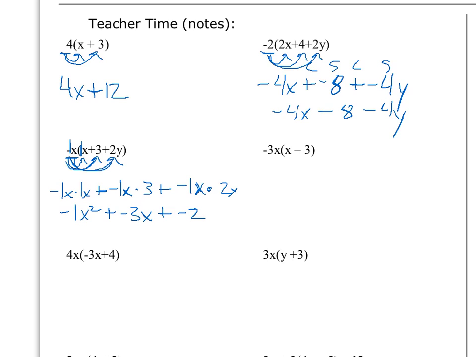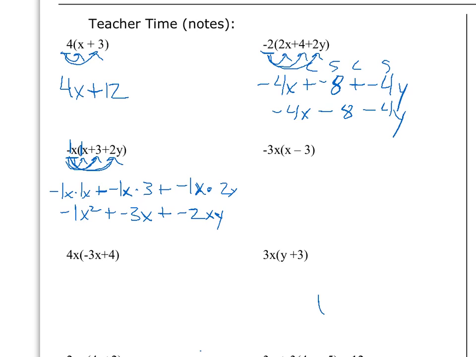Can I rewrite x times y with an exponent? Because I can't do that, I just have to write it as xy. So here we're taking a lot of information that we've learned in the past. Exponents, distributions, and we're putting it all together.